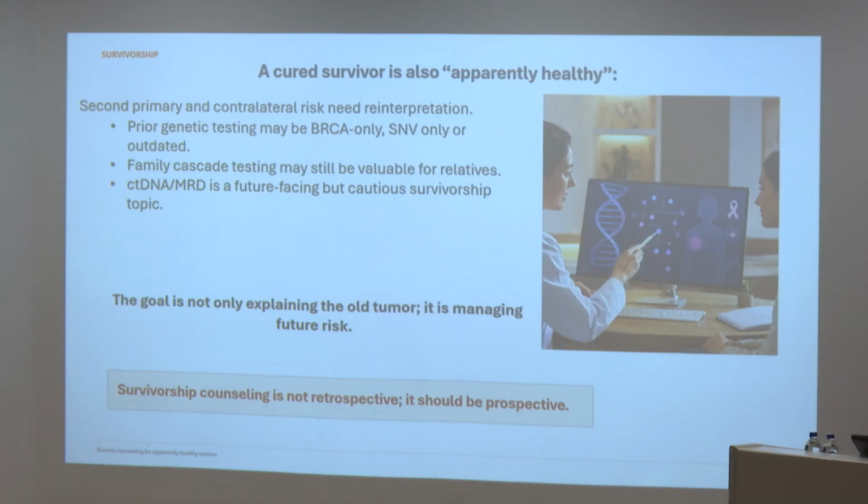And of course, the survivors are sometimes in the clinical manner being treated, followed up with ctDNA testing for minimal residual disease, but this should be a cautious survivorship topic. So the goal is not only explaining the old tumor, it's managing the future risk.